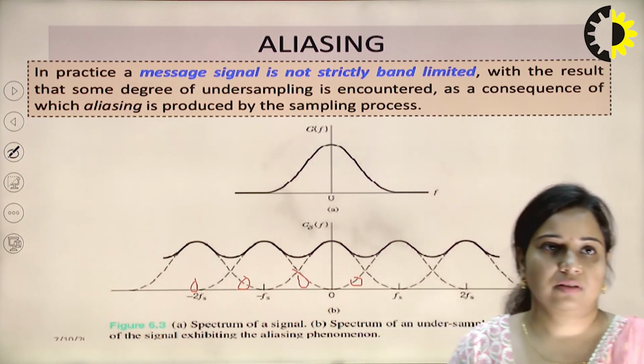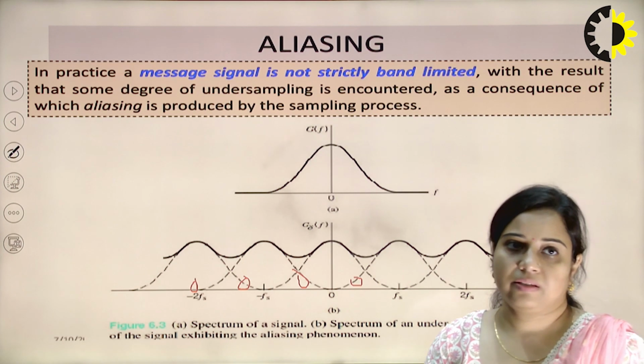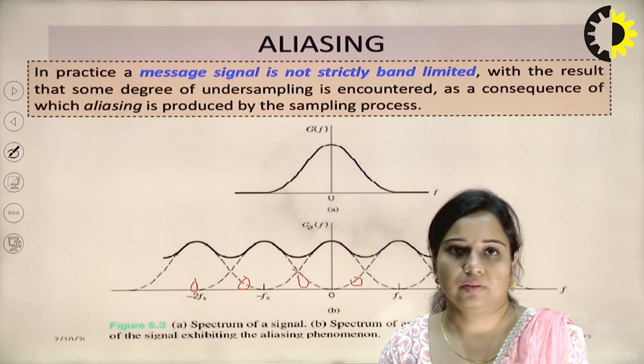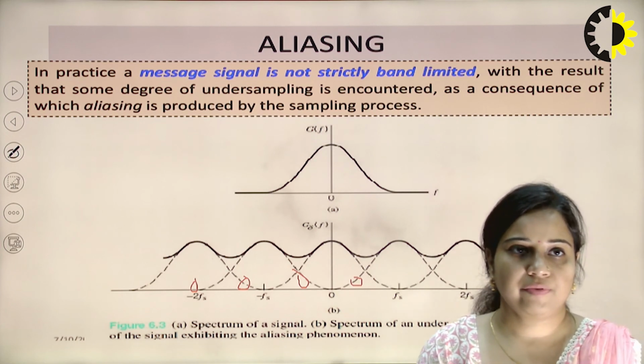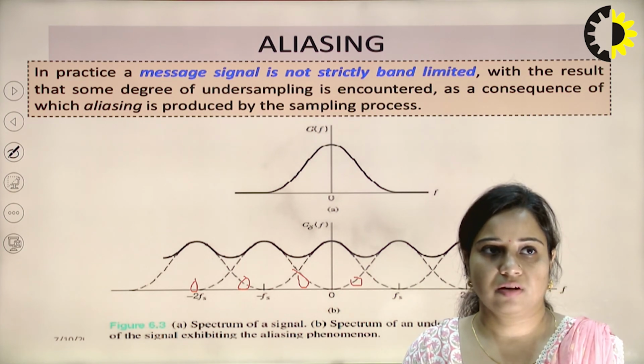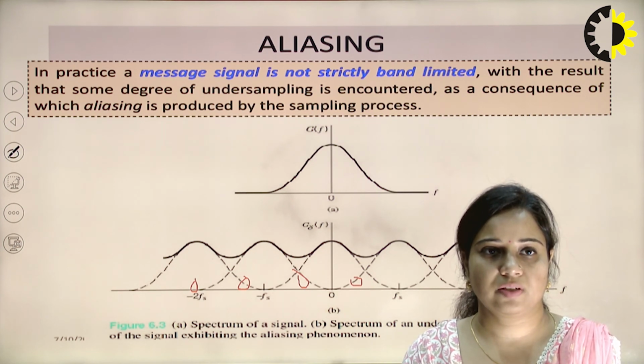Now, next this is showing what aliasing is. In practice, our message signal is not strictly band limited, with the result that some degree of undersampling is encountered, as a consequence of which aliasing is produced by the sampling process. So, this is the case for G(f) versus f.